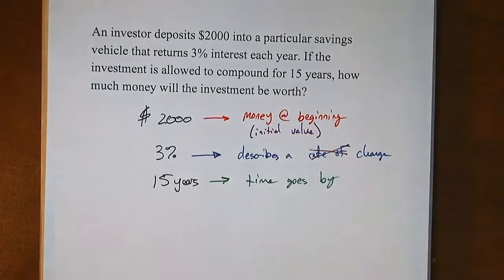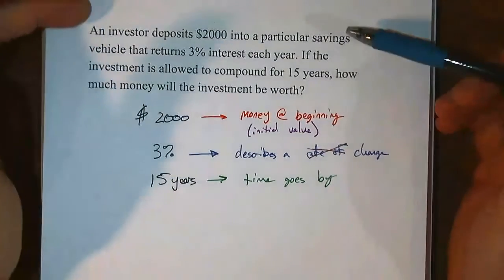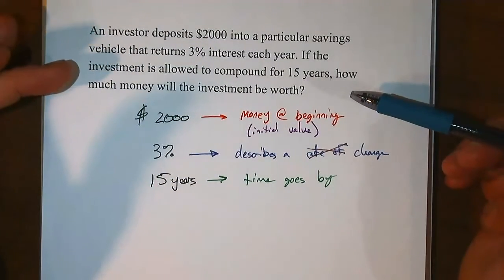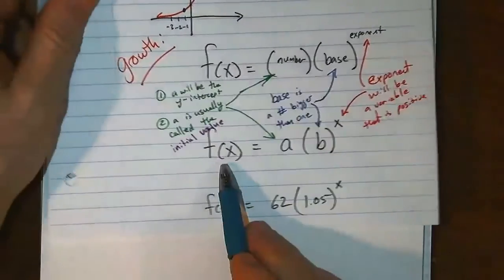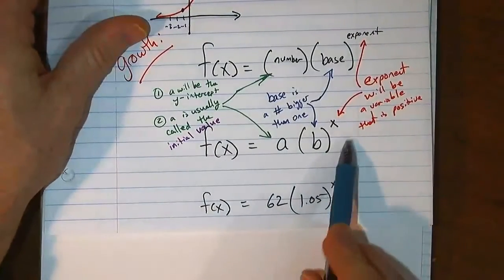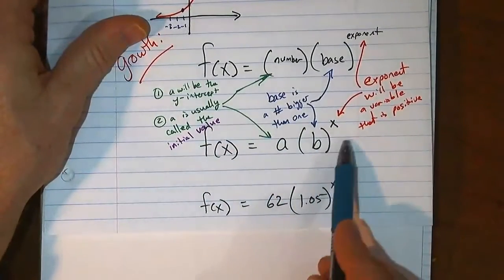All right, now, as we organize data, there's one more piece of data that we have, but I haven't written down. The reason I haven't written it down yet is because the last piece of data is not actually in the story. It's in our notes. The last piece of data we have is that exponential growth equations are always going to look like this.